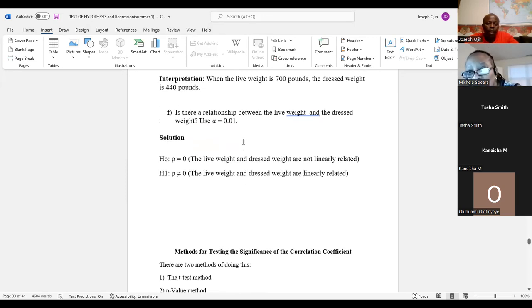Now, alpha. What we use to compare is the critical value.